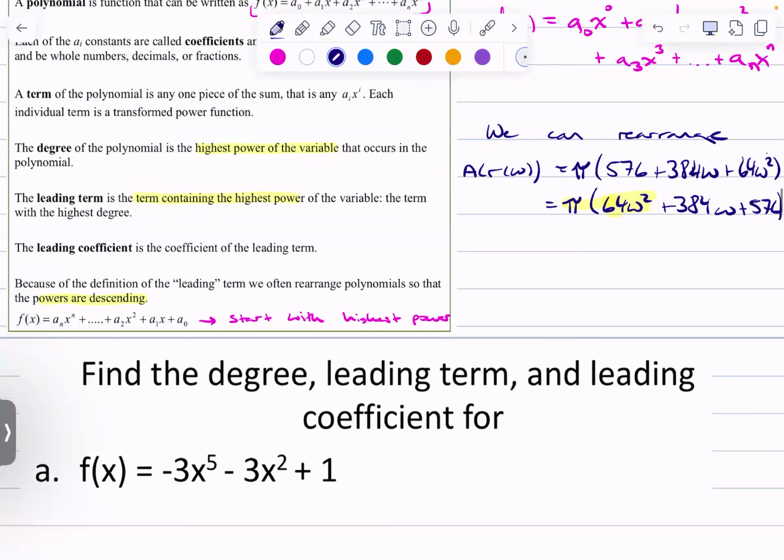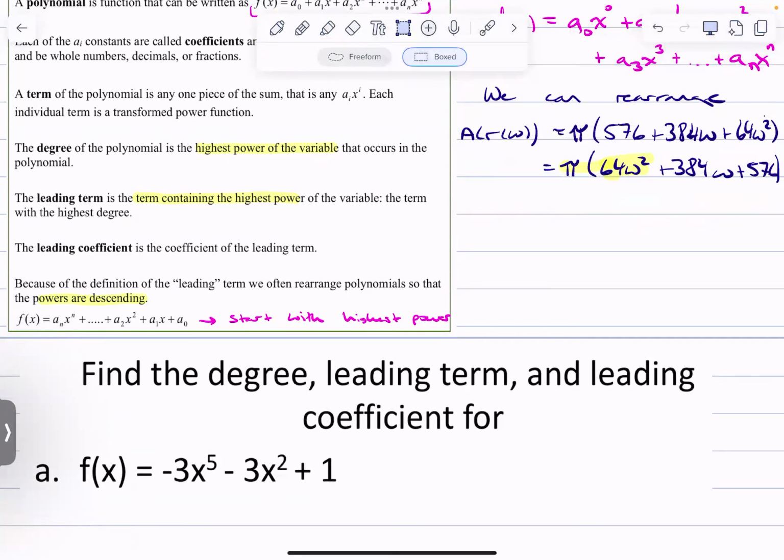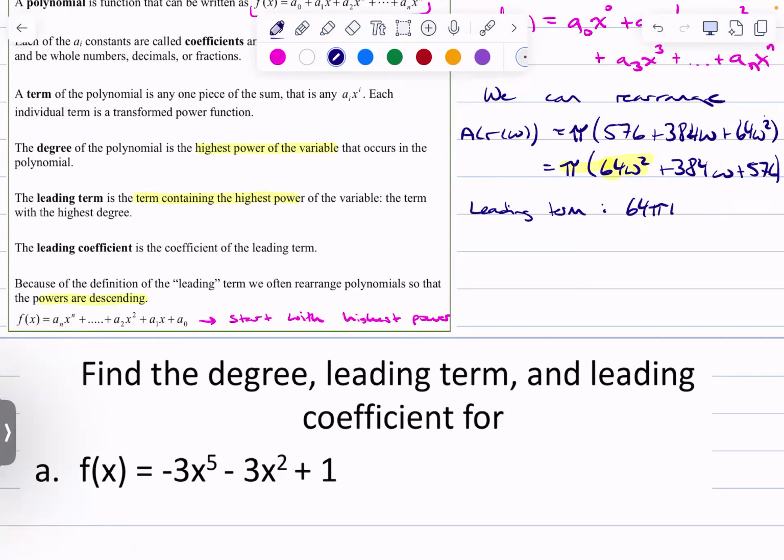So my leading term, and I'll bump this up, trying to squeeze it on here. The leading term, remembering to expand that pi inside, would be 64 pi w squared.